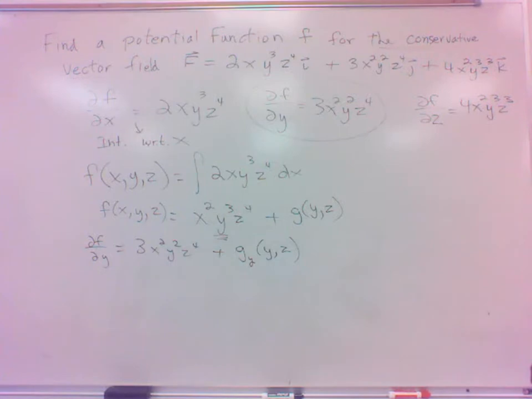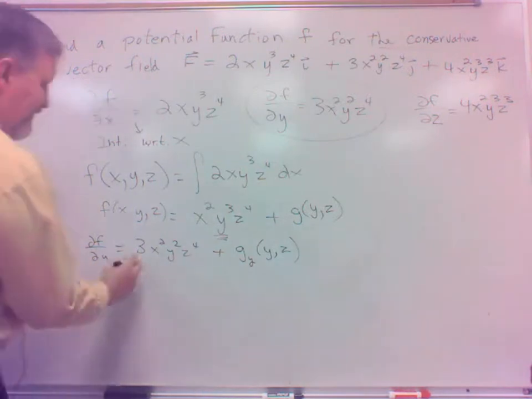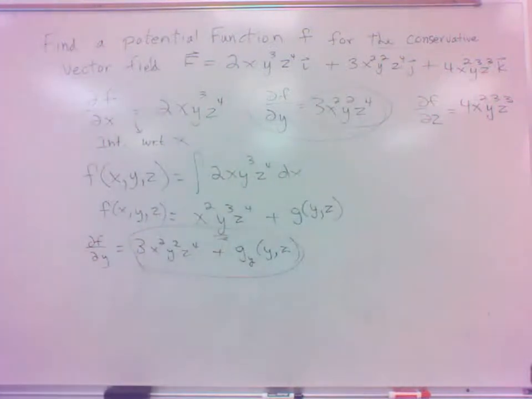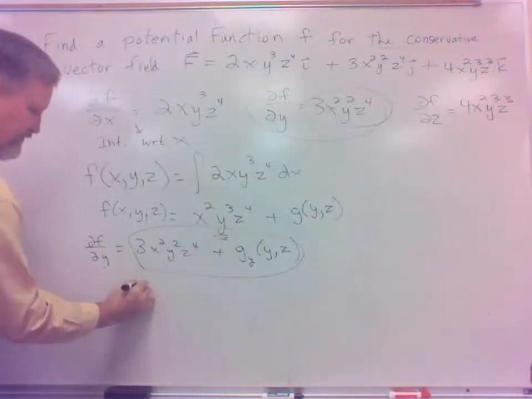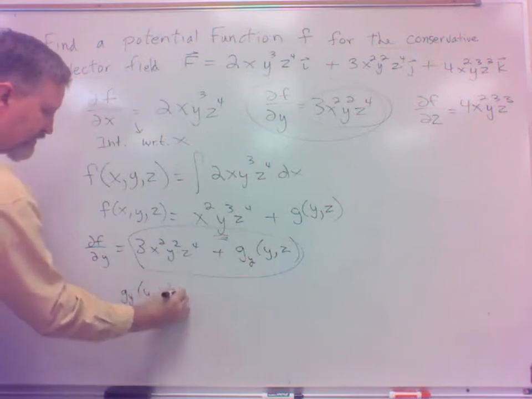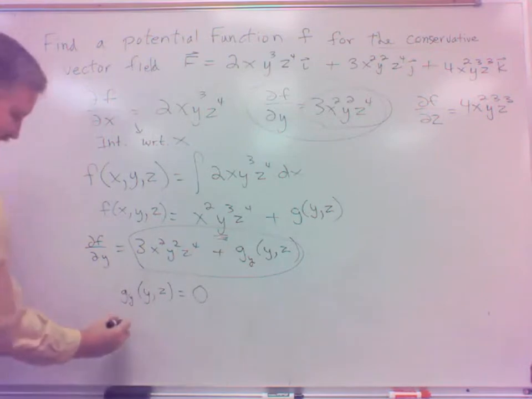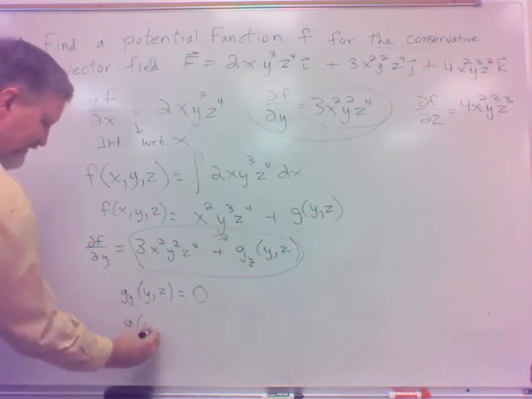But what do you see there? These two things right here must be equal. And so what is the partial of g with respect to y? Yeah, so that thing's 0. Which means the g function has to be a constant, right?